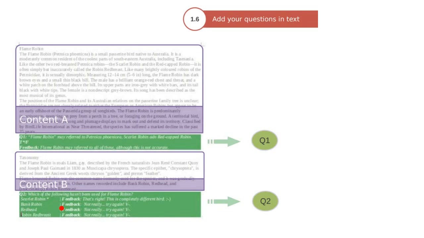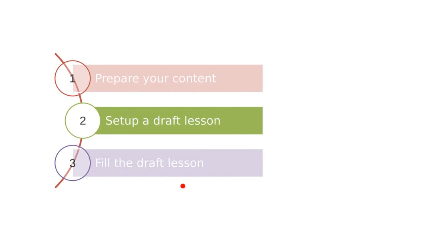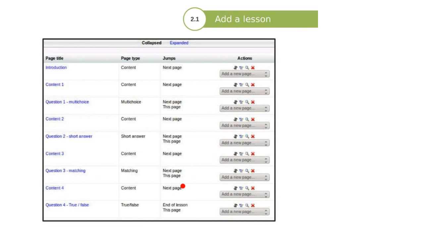And then it's time to set up your draft lesson. Now we are going to actually work on Moodle. A draft lesson is nothing but the structure of a lesson, with only the necessary text inside. Actually, no text. It's an empty lesson.